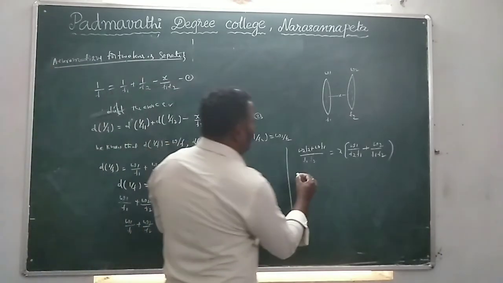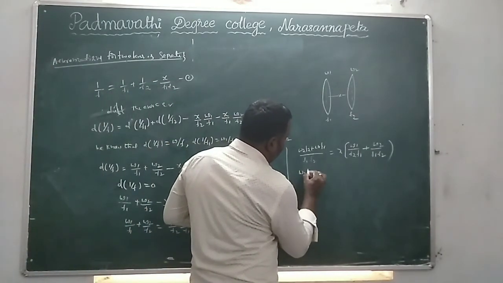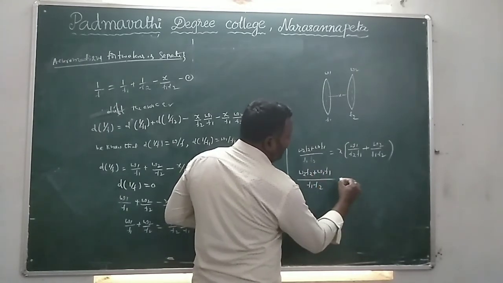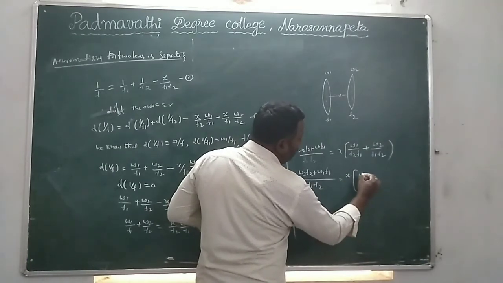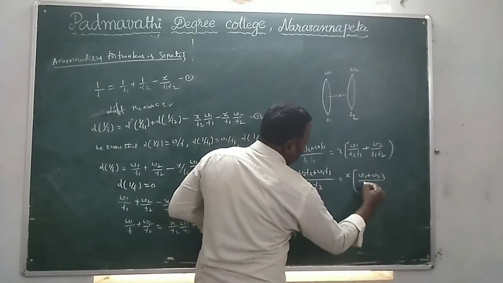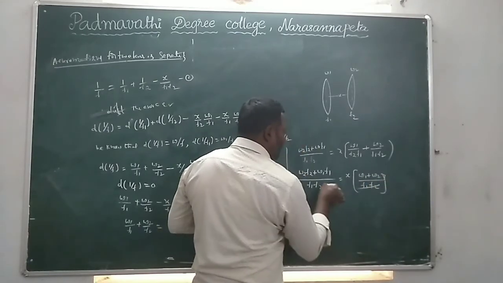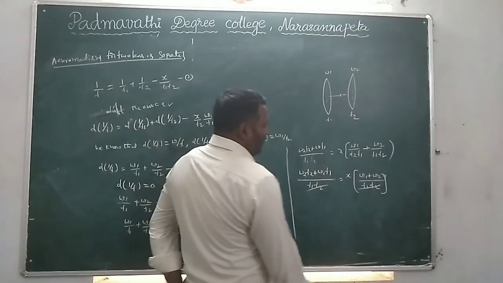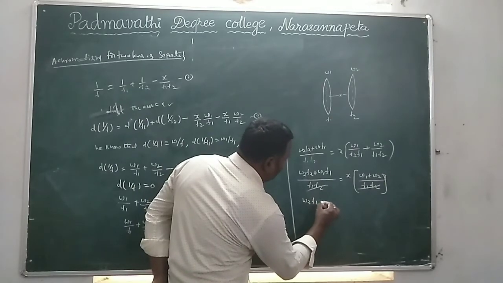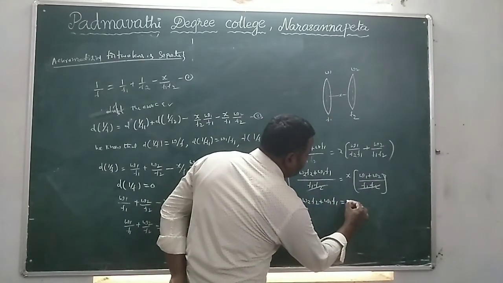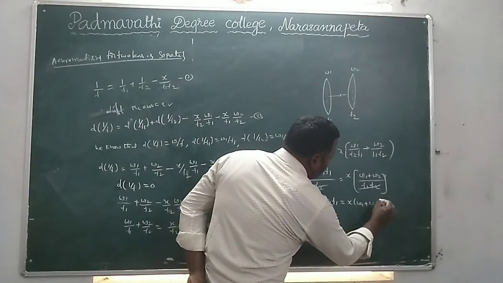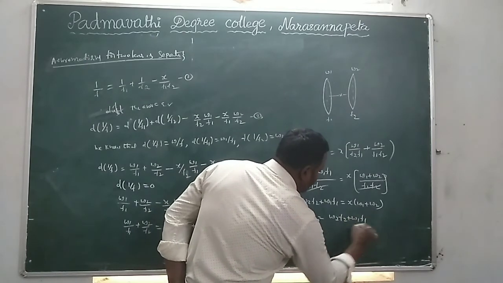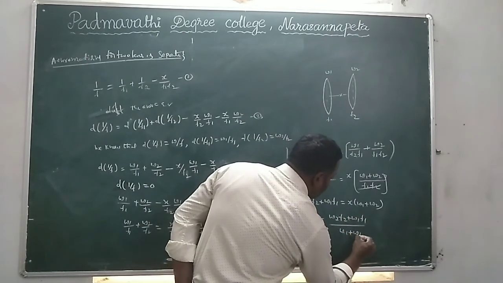That can be written as omega 2 f2 plus omega 1 f1 by f1 f2, and omega 1 plus omega 2 by f1 f2. Now f1 f2 is cancelled on both sides. Omega 2 f2 plus omega 1 f1 is equal to x into omega 1 plus omega 2. Here x is equal to omega 2 f2 plus omega 1 f1 by omega 1 plus omega 2.